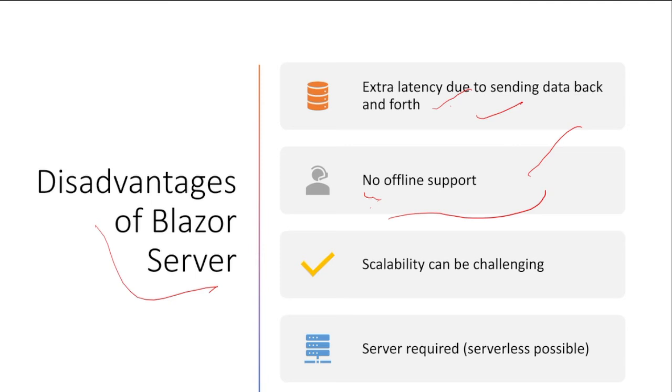And scalability can be challenging, meaning performance and so on all depend on our requirements and how we build our application. It requires a server; serverless is also possible, but it has a few drawbacks.